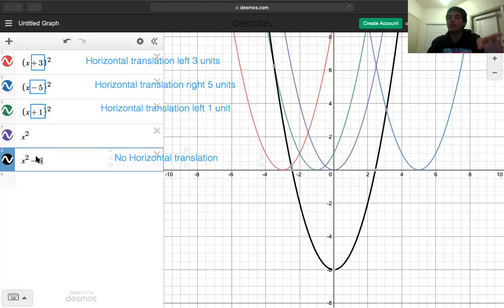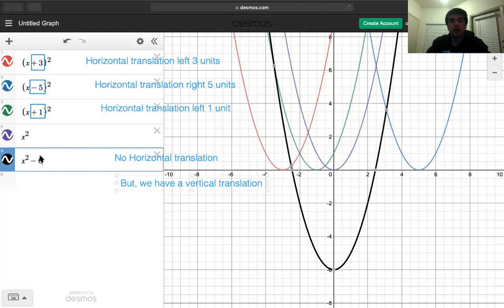But what do we have in this one though? If we think about from Thursday, for this one, we have a vertical translation, okay? Remember, vertical translation. So horizontal translations have to be inside the parentheses, okay?